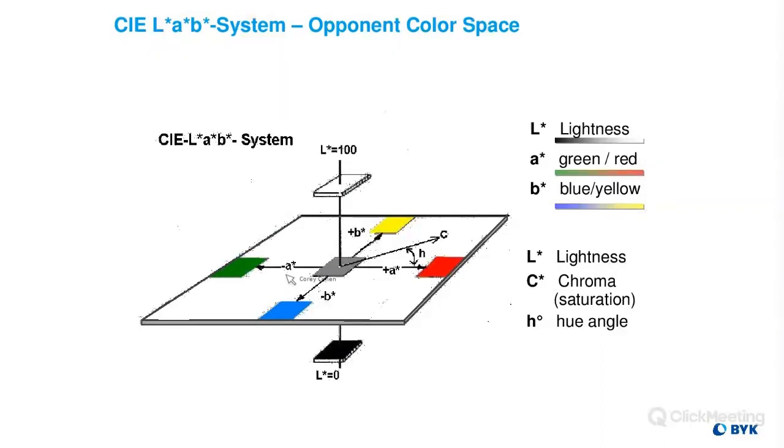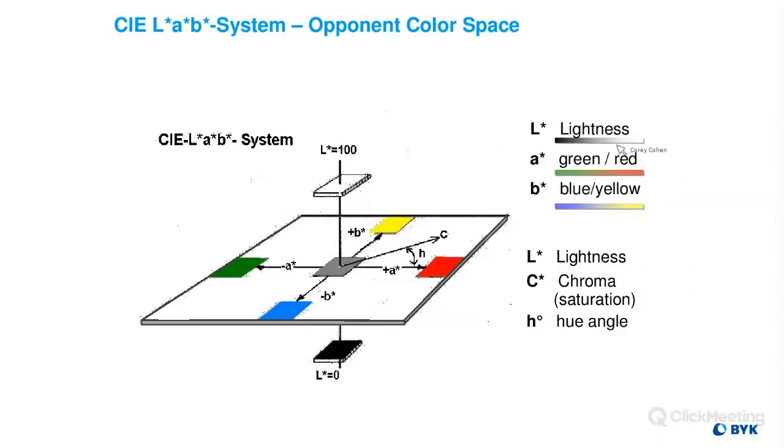So you get one A value, and then you get the B value, which is for blue. A negative B value indicates blue in the color, and a positive B value indicates yellow. And again, those are opposing colors. So the more yellow you have, by definition, the less blue, and vice versa. So you describe a color by giving these three values, L, A, and B.